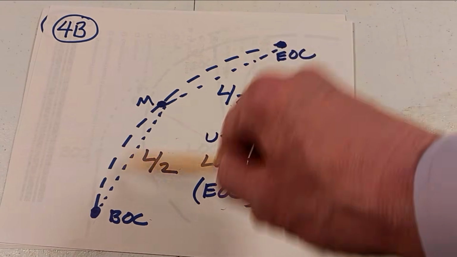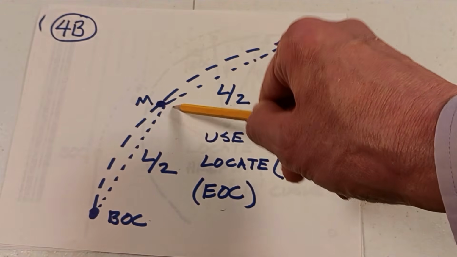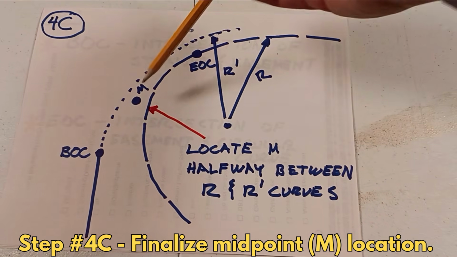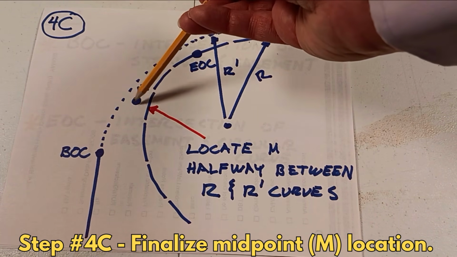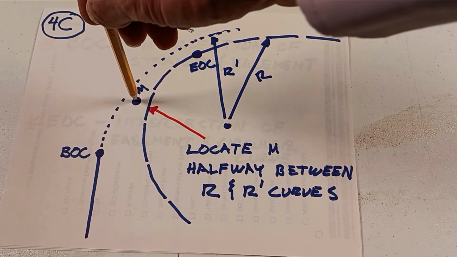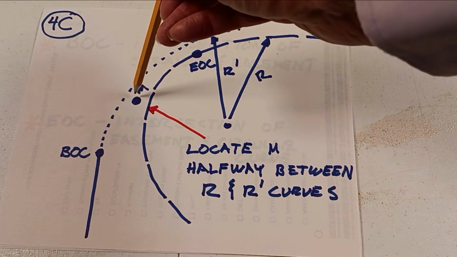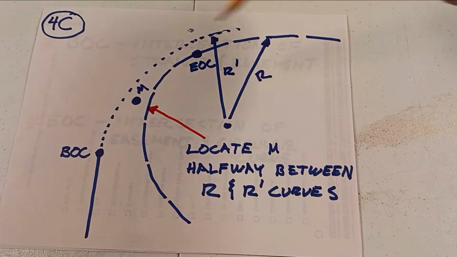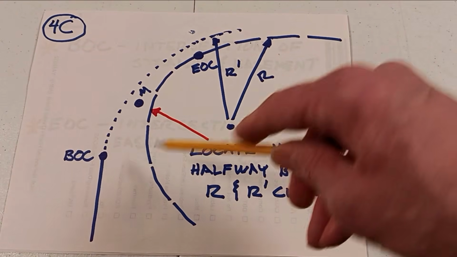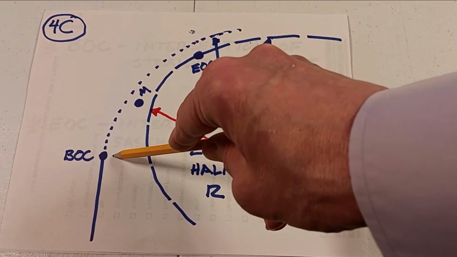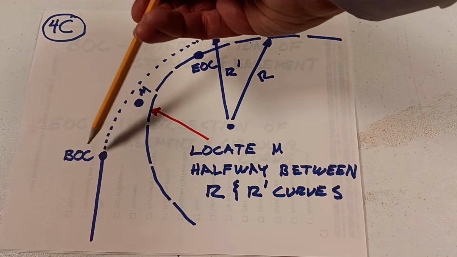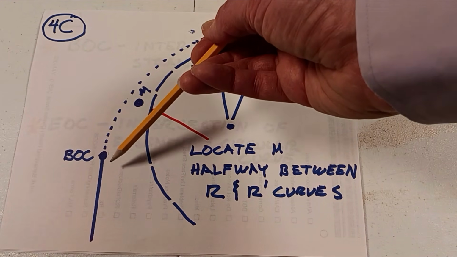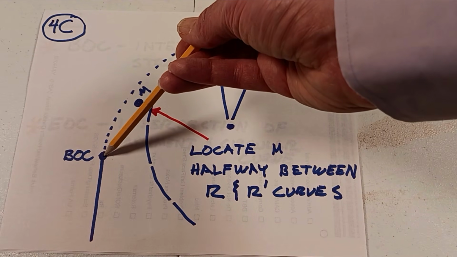Now you've located the critical midpoint and the end of curve point. As we lay this out, this midpoint was on the curve. You actually want to put it about halfway between our fixed radius curve and our offset curve, because it's technically halfway through the curve. We'll note again that the beginning of curve point is attached to the straight section, in the sense that we have a radius here that is infinite, because it's technically straight.